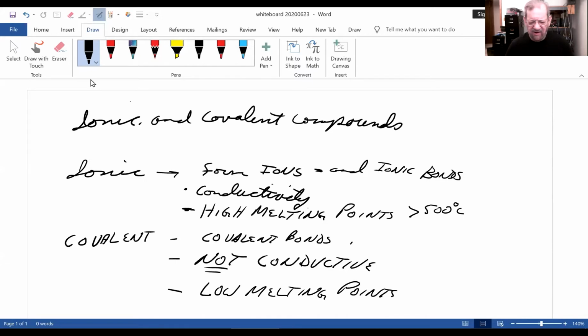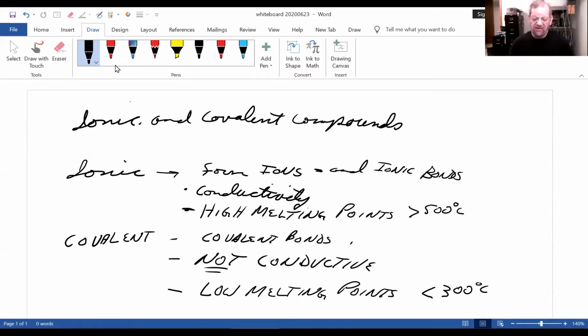I'm guessing now, but from my experience, most of them, the melting points are less than 300 degrees C, usually about 200, 100, even lower.